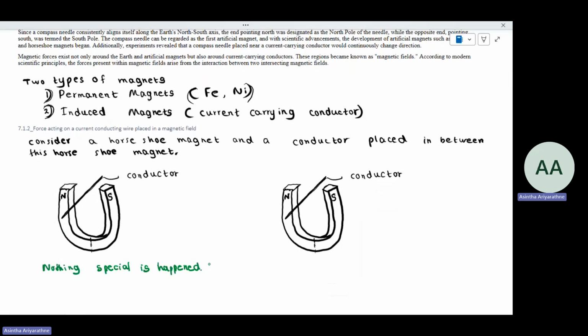The conductor would be there as it is. Nothing special would happen. Experimentally it was found that nothing special happened here. The conductor would just stay as it is.